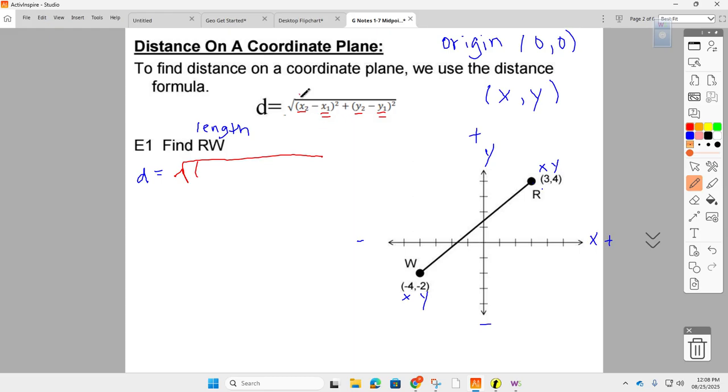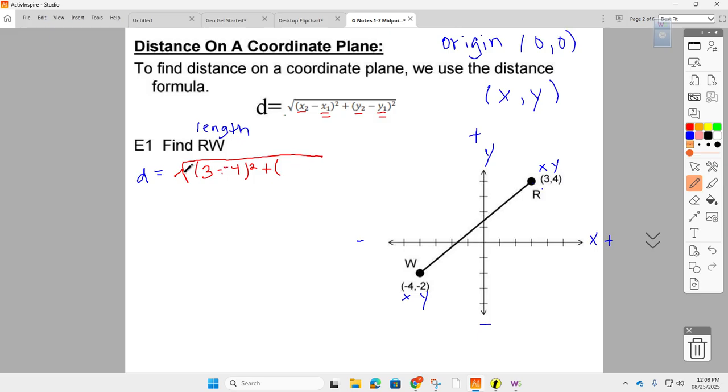Okay, so since it said find RW, I'm going to use the R coordinate first. I'm going to do 3 minus the x coordinate of W, -4, all squared, plus. Now open our parentheses.